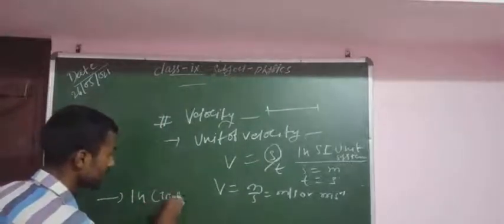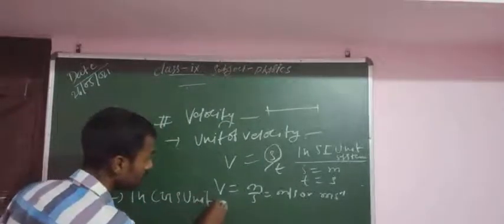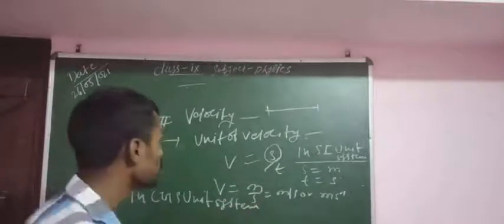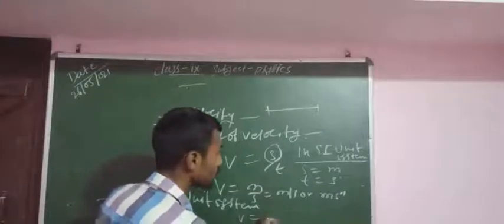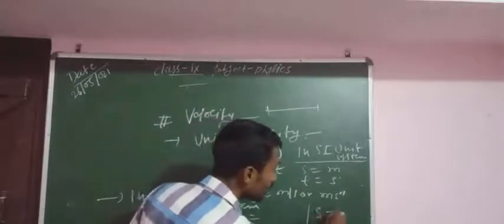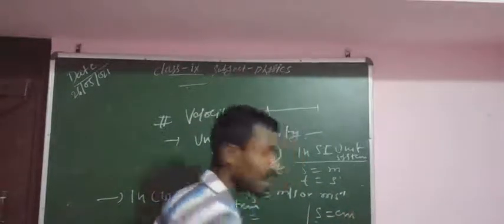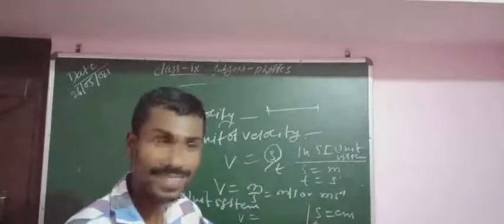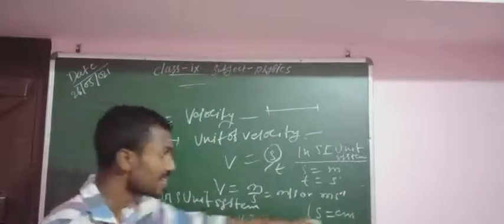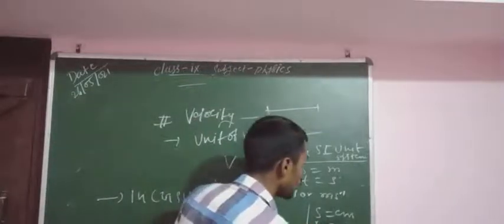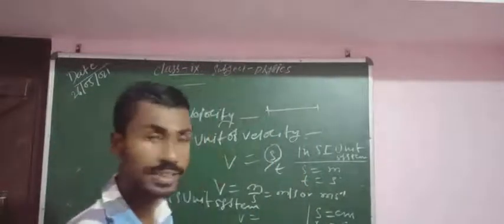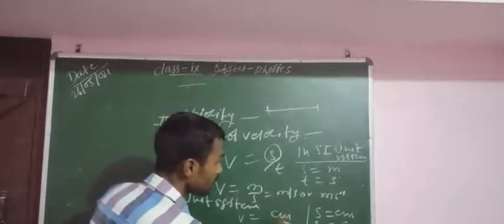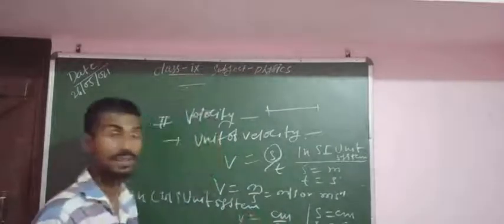In the CGS unit system, s will be measured in centimeter, as length or distance, and time is always second.